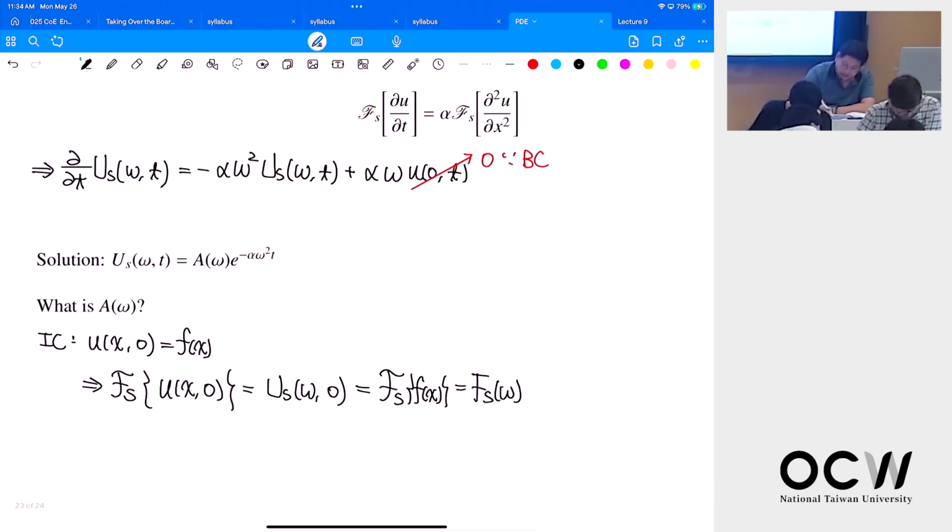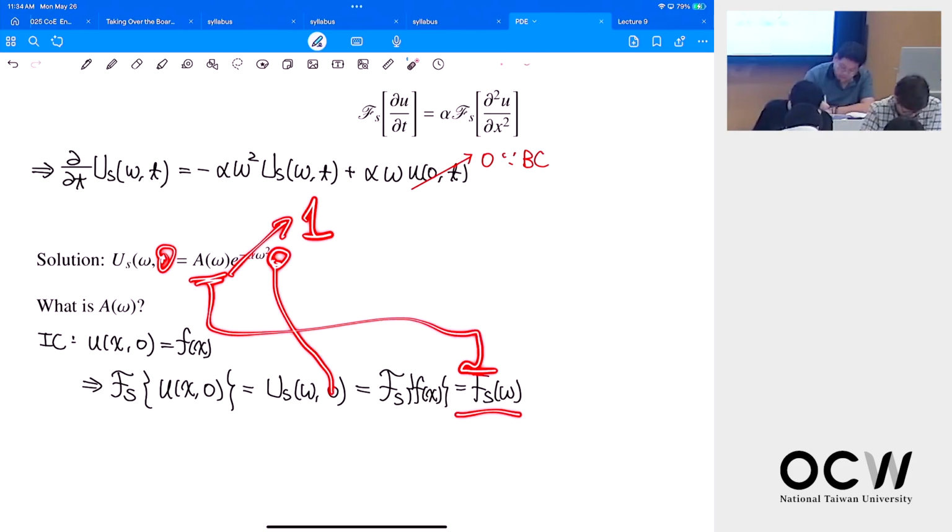So again, if we have t equals 0, this is 1. So A of omega equals your Fourier sine transform.